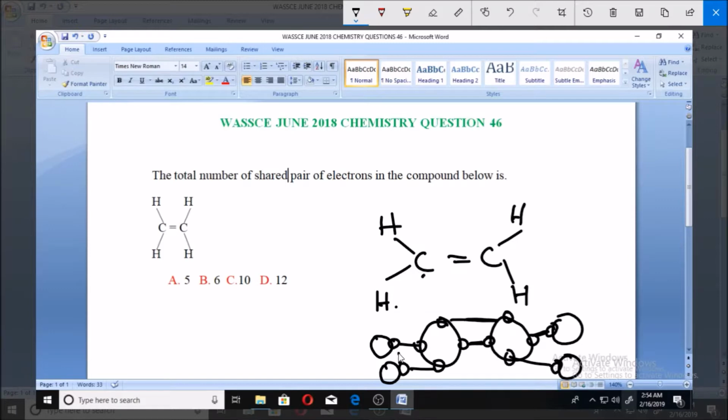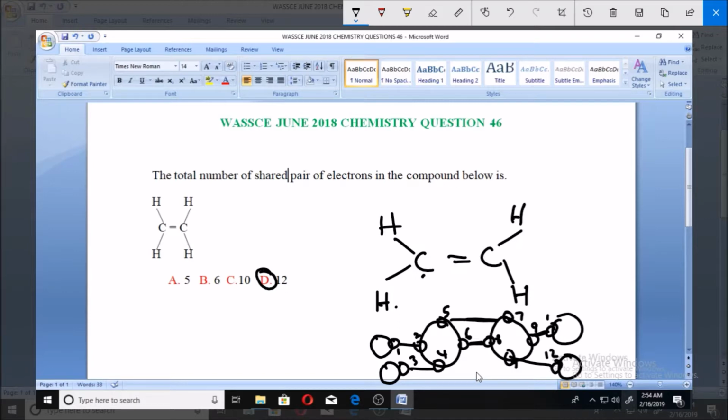We have 1, 2, 3, 4, 5, 6, 7, 8, 9, 10, 11, and 12. So we have 12 electrons being shared between them in this action.